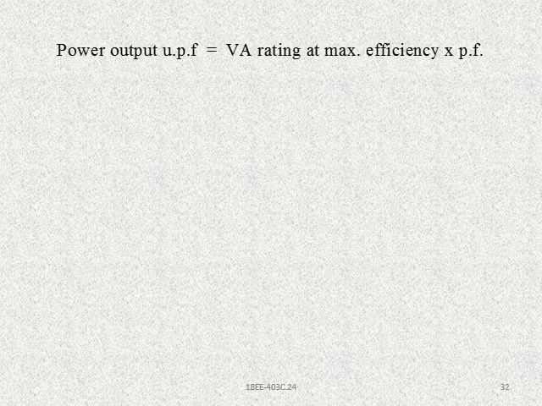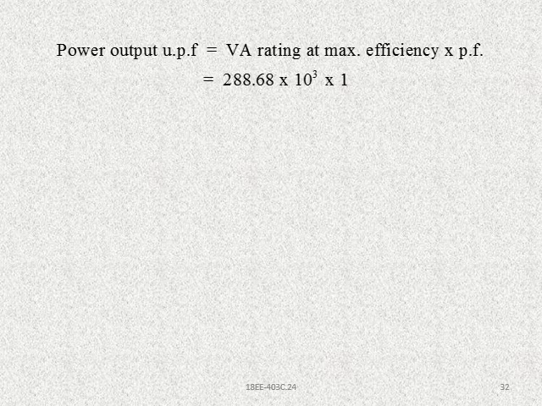And finally, the power output at UPF is VA rating at max efficiency into power factor. VA rating is 288.68 into 1, since the power factor is unity. So the final power output is 288.68 kilowatts.